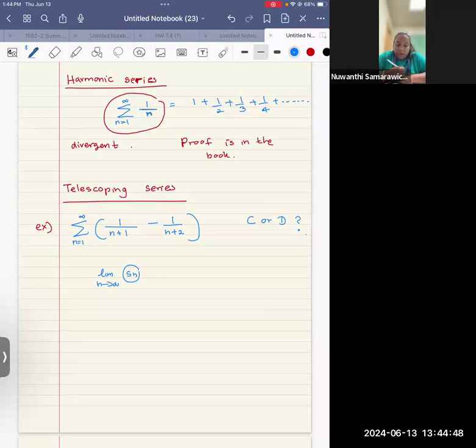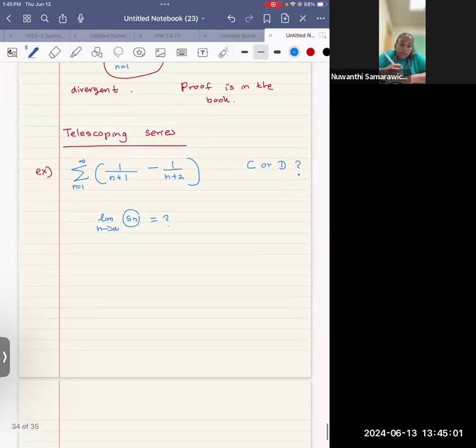If we get a finite number, we say it is convergent. If it is infinity, we say it is divergent. Can you check when n is equal to 1 and when n is equal to 2?